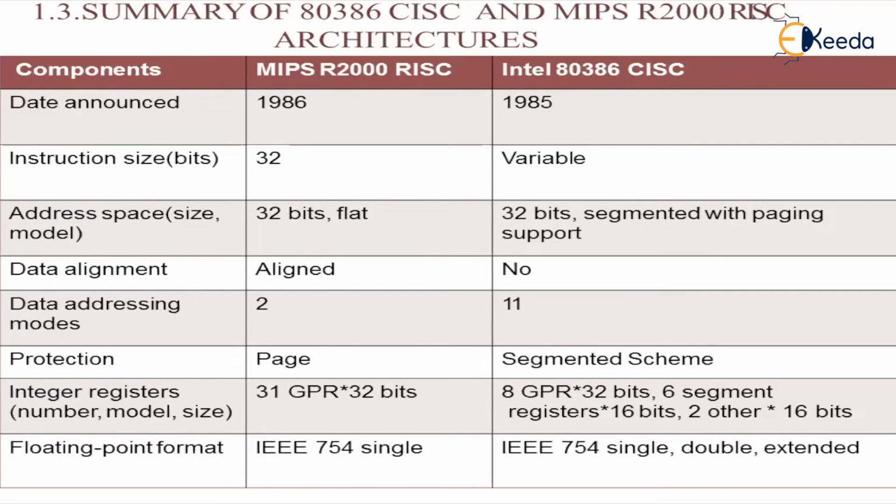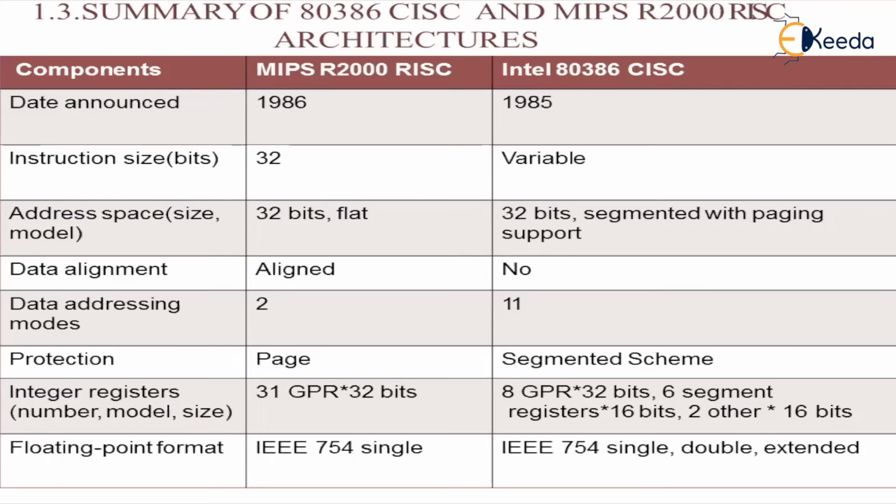Data alignment was allowed, like you can compress or change the size of data, and the data can get aligned according to your storage capacity, which was not allowed in case of CISC. The data addressing modes were 2 as compared to CISC, which had 11. Protection that was used in case of RISC was page. Here it was segmented schemes that are being used.